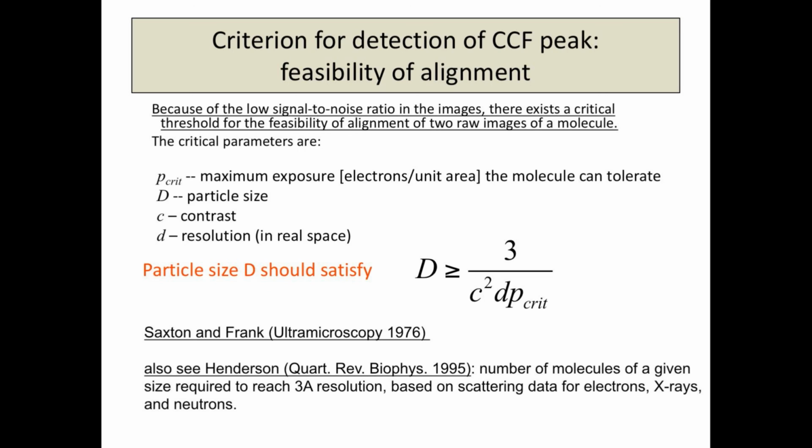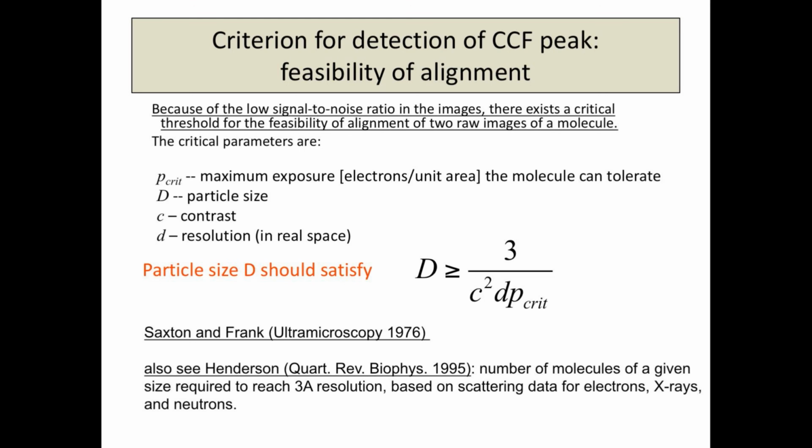So this was an equation which we formulated very early on to find out how big the particle needs to be in order to get significant cross-correlation in a situation where we have to minimize the dose.